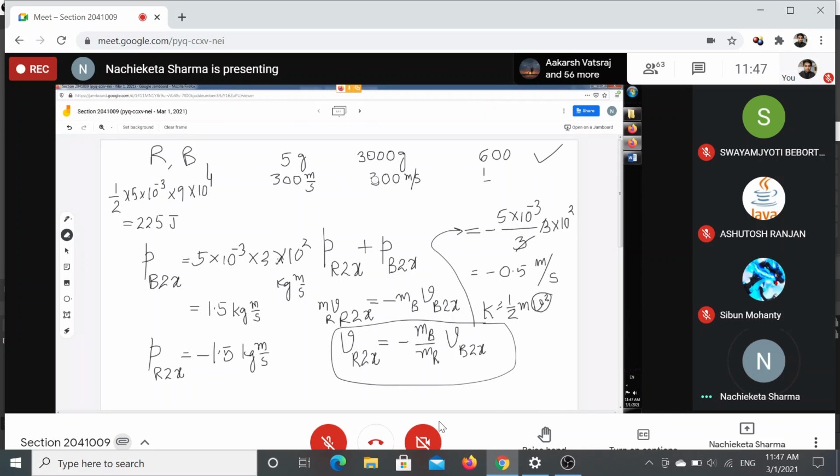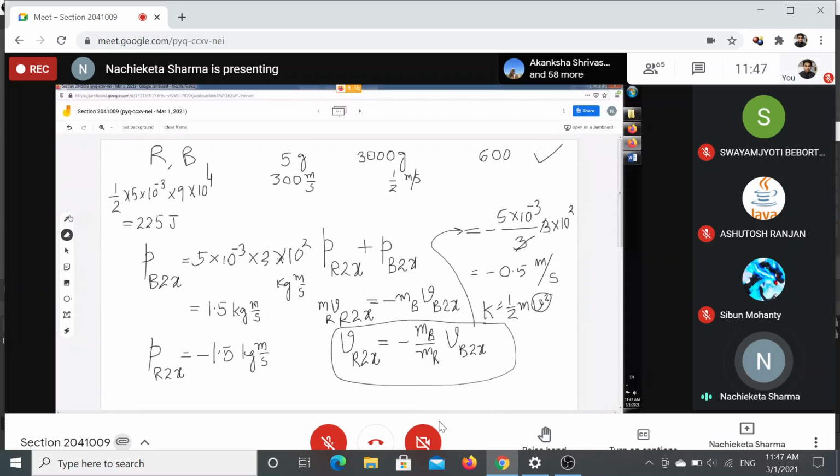So the speed of the bullet is how many times more than the speed of the gun? 600 times, because 300 divided by half will be 600.